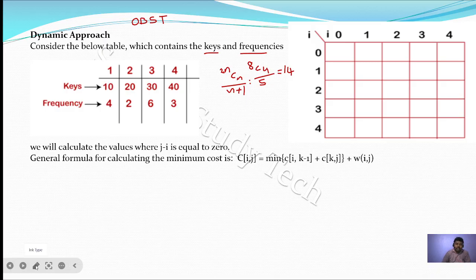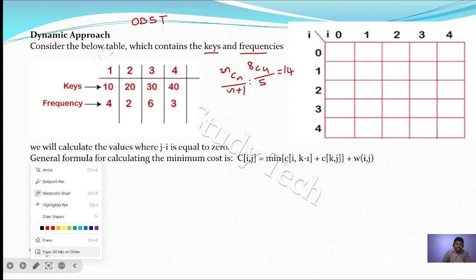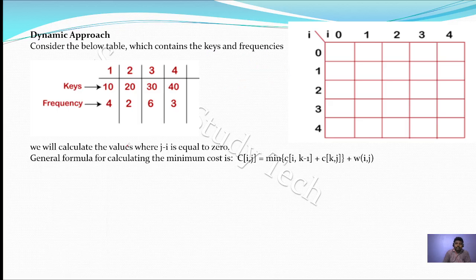Instead of trying all binary search trees and finding the optimal one, which takes 2 power n, this is exponential time complexity, big O of 2 power n. Here n is 4, so it is big O of 2 power 4.